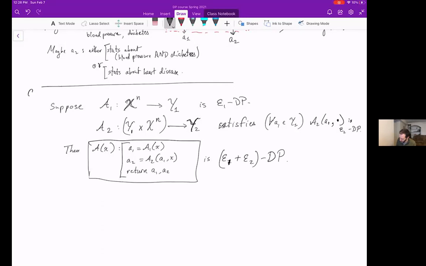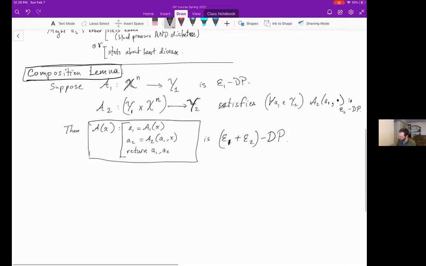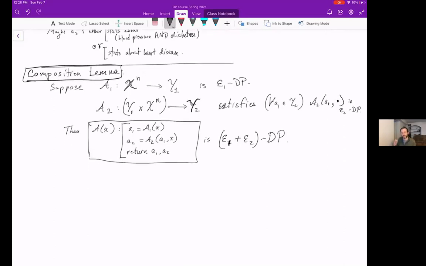Okay, so we're going to call this the composition lemma. And it's a super useful tool. In particular, what this tells us is the kinds of problems we saw with the hospitals example in last lecture are not going to come up with differential privacy.